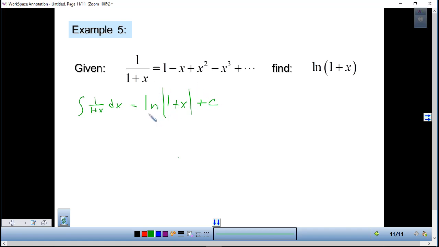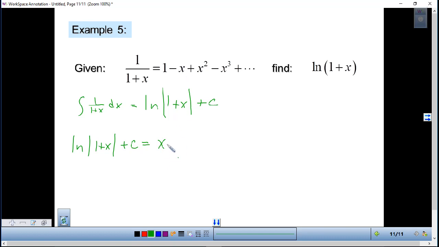But anyway, when we do our integration to get the natural log on this side, we can do the integration on this side term by term. So the natural log of 1 plus x plus c is going to equal the antiderivative of 1, which is x.